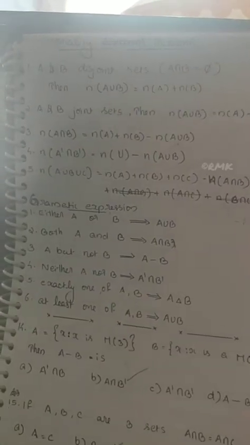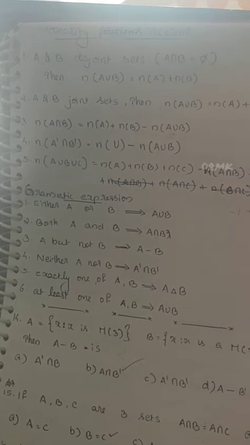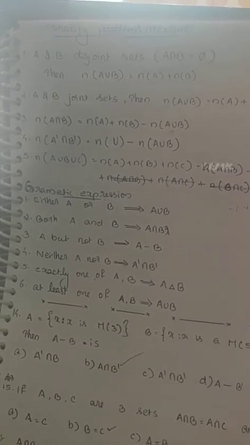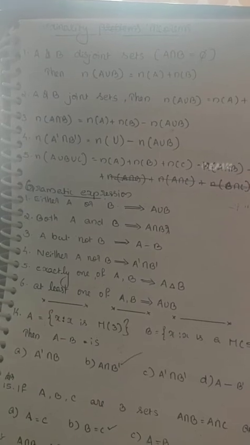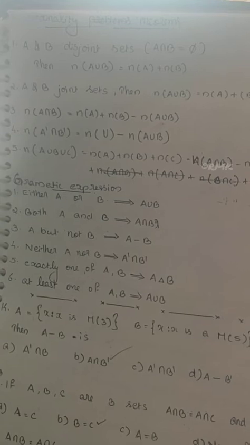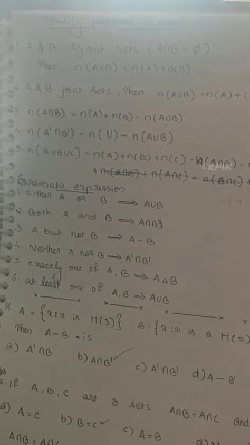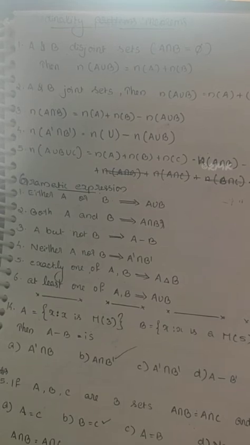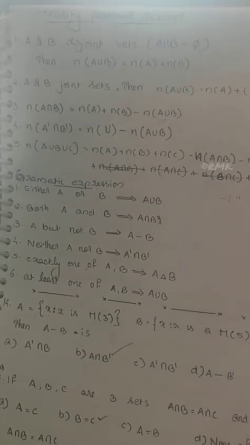Properties of cardinality. First one: A and B are disjoint sets, meaning A intersection B is equal to the null set. Then n of A union B is equal to n of A plus n of B. Second one: A and B are joint sets, that is A intersection B is not equal to the null set.